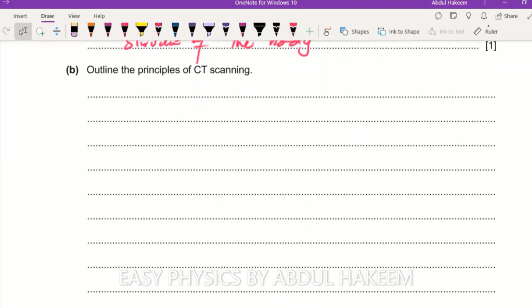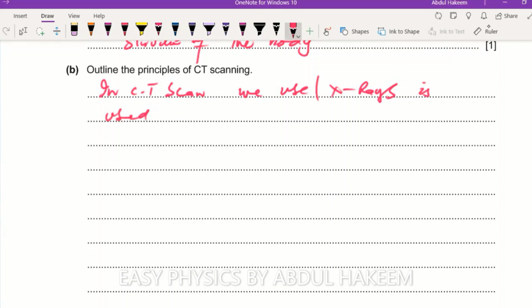Outline the principle of the CT scan. So in CT scan, we use X-rays. And this X-ray is used to get images in sections.